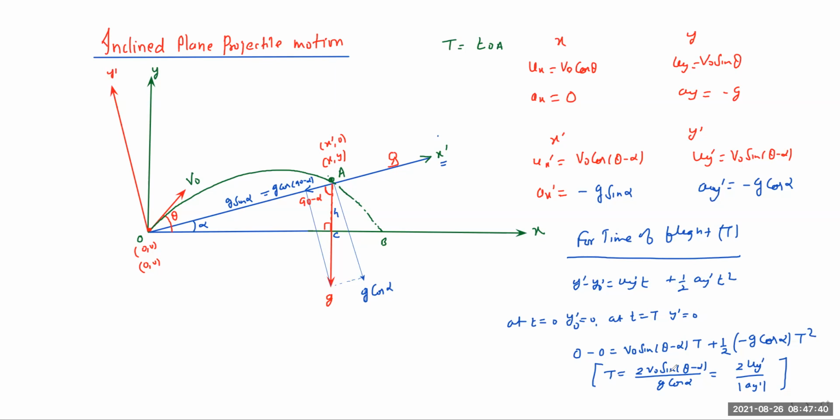Yes, sir. Sir, OC, I'm getting something like range minus something tan alpha by 2g, which is V naught squared sine 2 theta minus alpha by g minus tan alpha by 2g. Just one. Let me see.